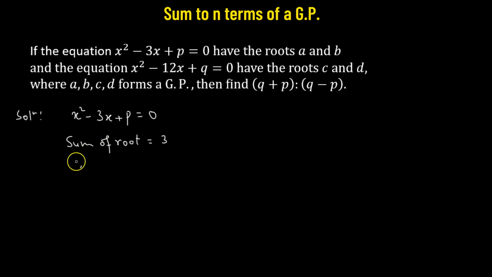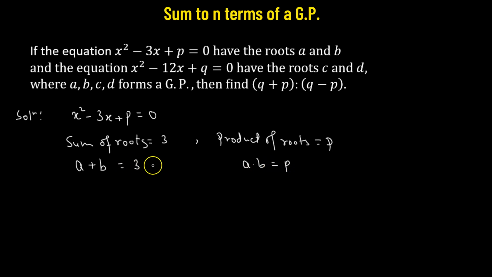So a plus b is equal to 3. And then the product of the roots will be equal to p. Since the roots are a and b, a times b equals p. We'll label these as equation number 1 and equation number 2.